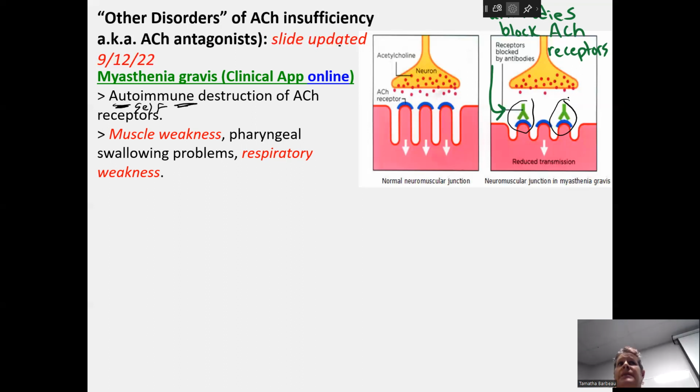Immunosuppressants. Okay. That's one thing. Slow the immune system down. So you slow down the destruction of those receptors and they can exist for a longer period of time. Okay. So myasthenia gravis interrupts acetylcholine signaling, not by affecting acetylcholine, but by affecting its receptors. All right. Kind of like shellfish poisoning and fugu pufferfish poisoning. They mess with the ion channels.